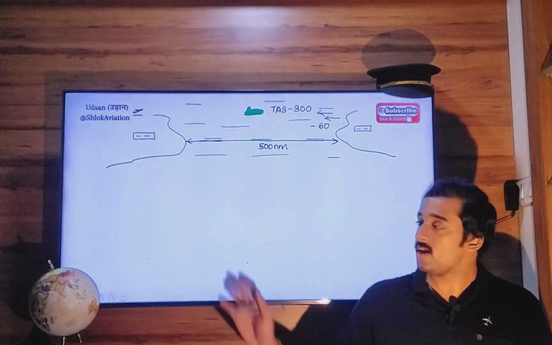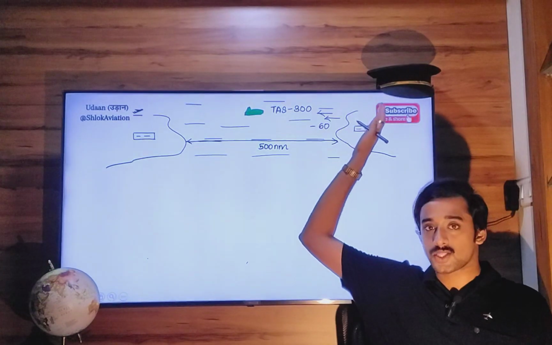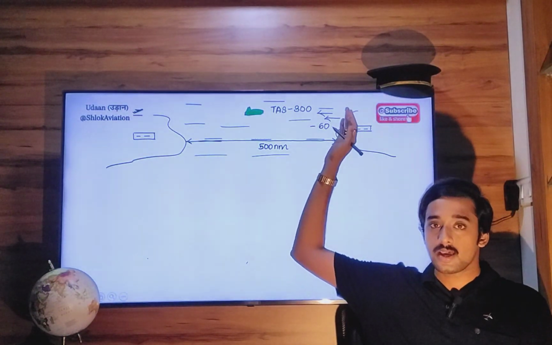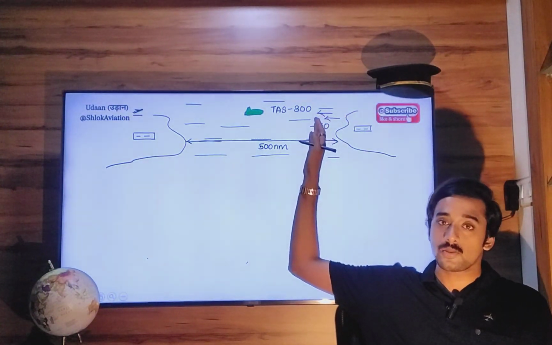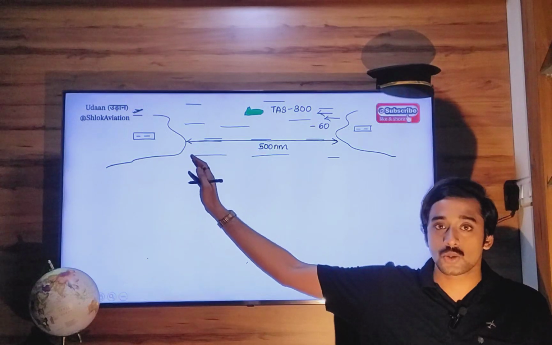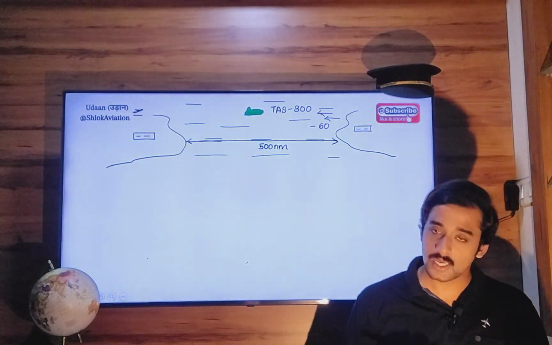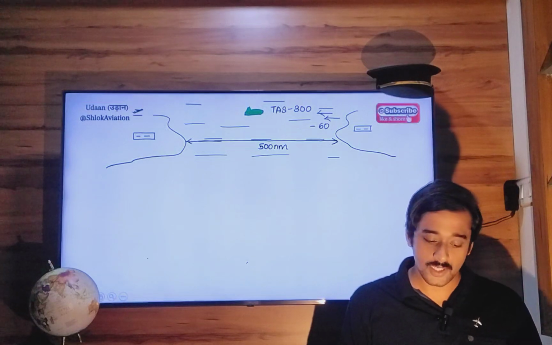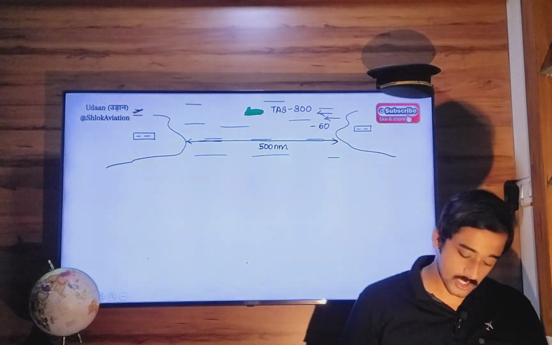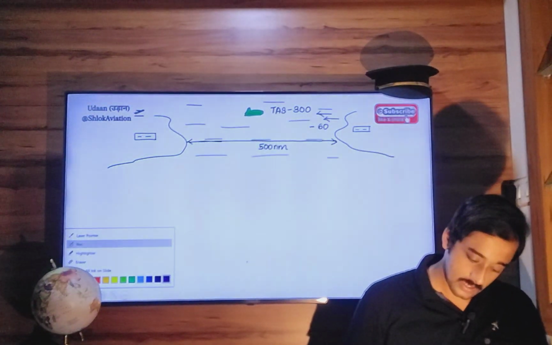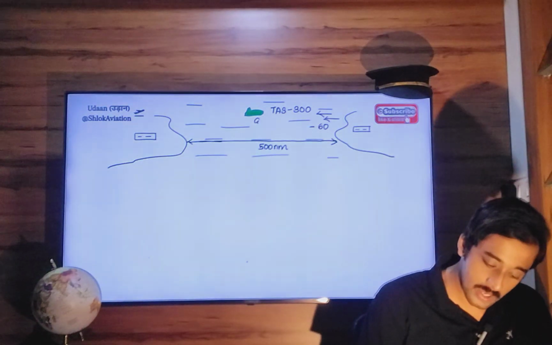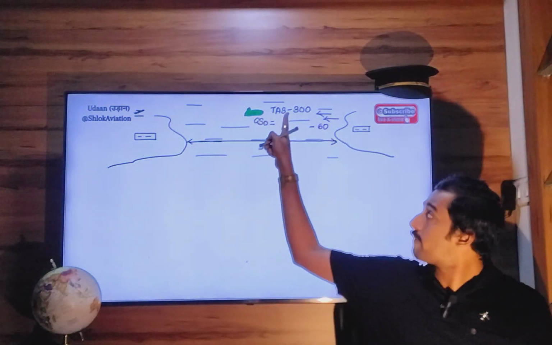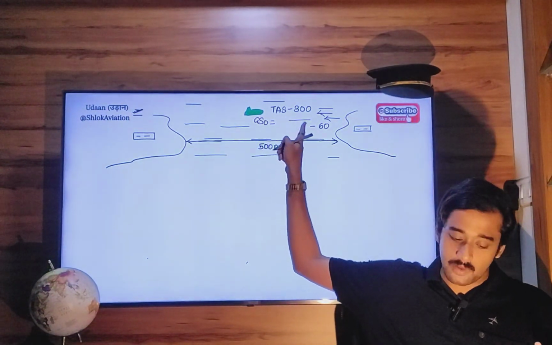Let's say we are flying in a direction of 090 towards destination, and the direction coming back is 270. We can directly find ground speed outbound. Ground speed outbound will be true airspeed minus headwind. So 300 minus 60 is 240.